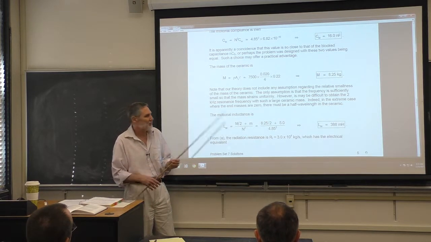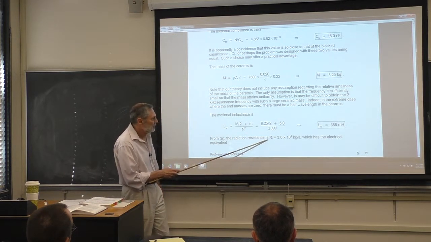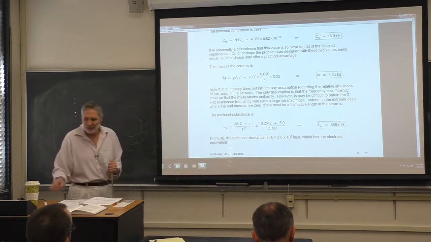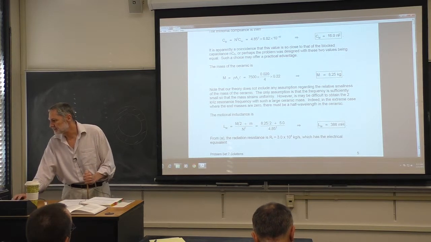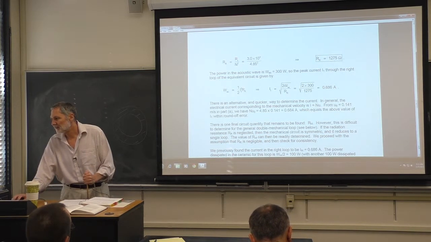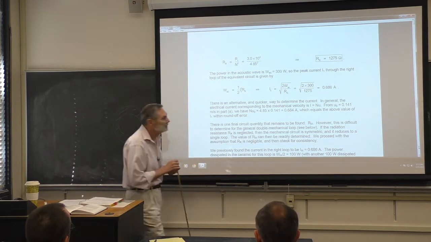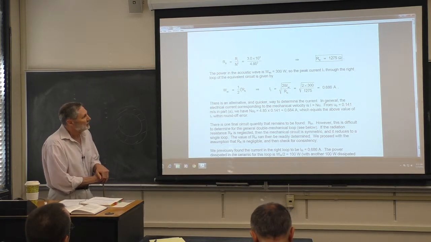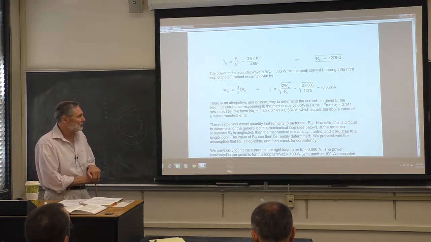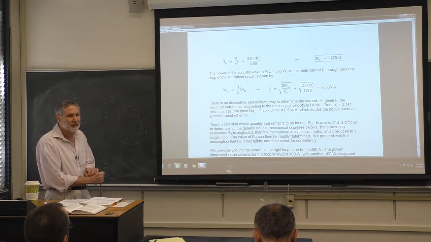It's based on the plane wave assumption, so it's very rough. We got this, okay? The electrical equivalent is going to be this, which is 1275, roughly 1.3 kilo ohms. That's the equivalent radiation resistance, the electrical equivalent.